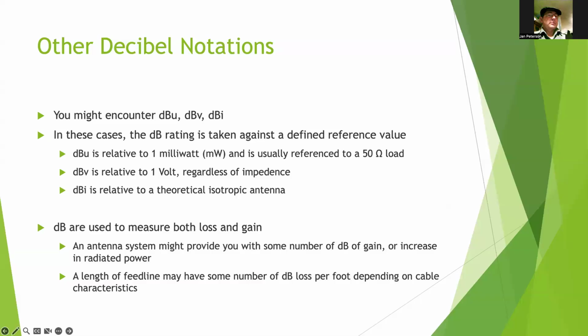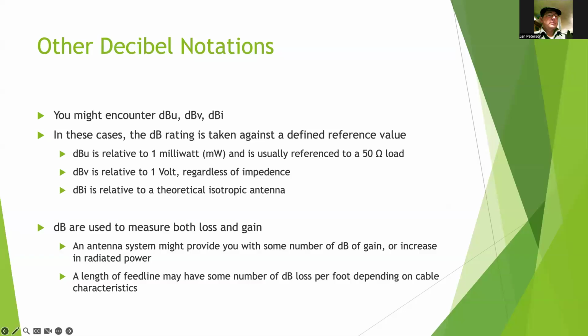Maybe RG8 or something like that would be acceptable. But if you're putting up a microwave antenna, RG8 is going to have terrible loss at that frequency just because of the nature of that cable and how it's made. So you're going to want to use some kind of higher quality cable that is designed for that particular frequency that you're working with.